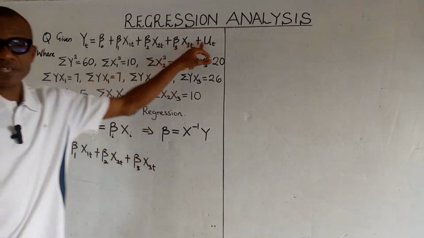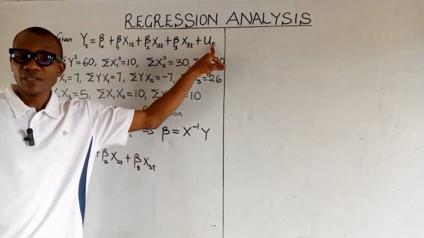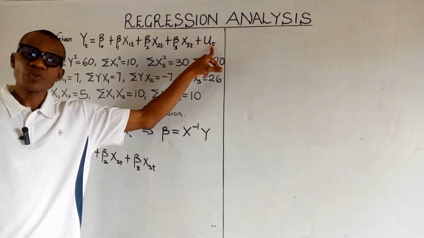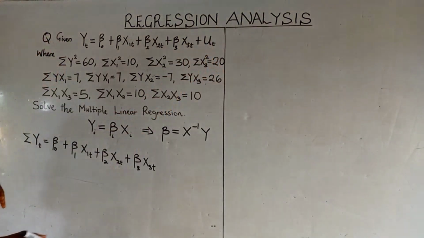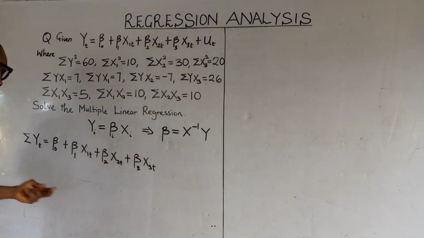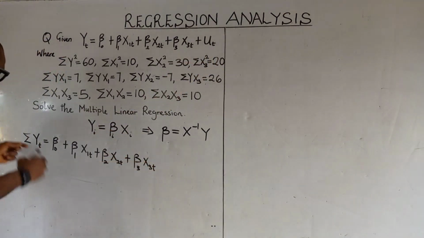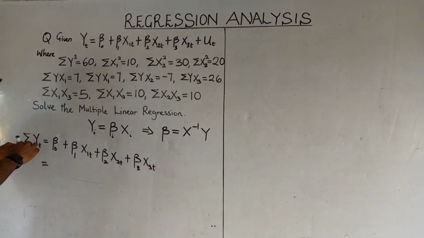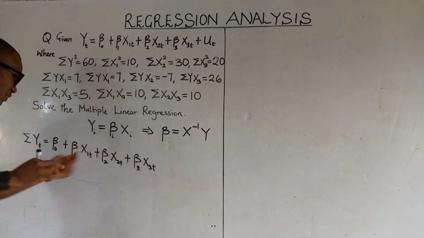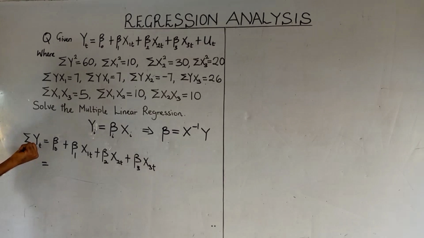We can decide to leave the error term. This ut here is the error term, so we can decide to leave it because it means nothing. So all we need to do is to sum this. As we are taking the sum, the sum has to affect the whole of this.